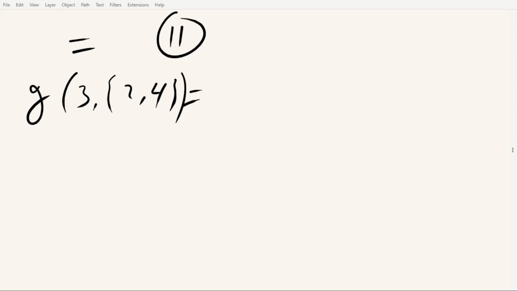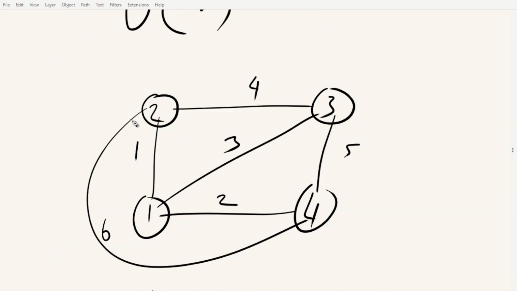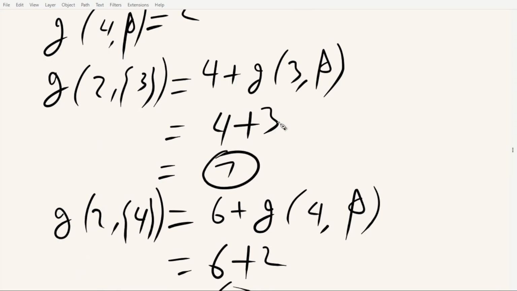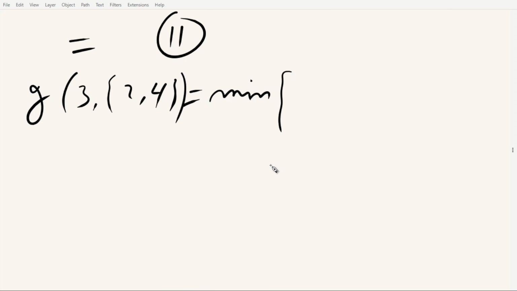Next subproblem is G3,{2,4}. We write the expression. This is minimum. First possibility 3 to 2. 3 to 2 cost is 4. 4 plus G. We move to 2.